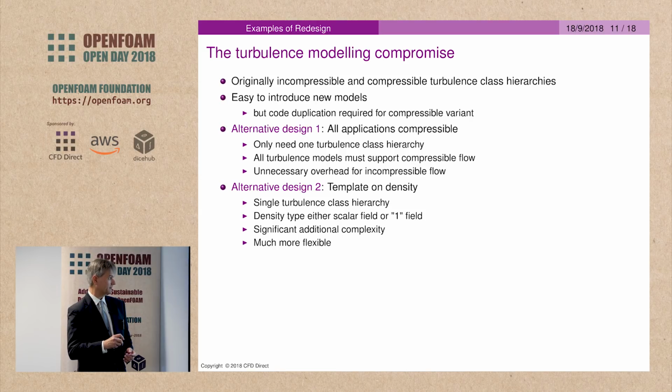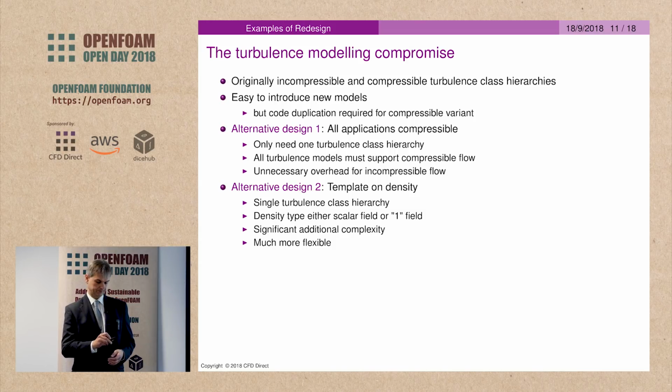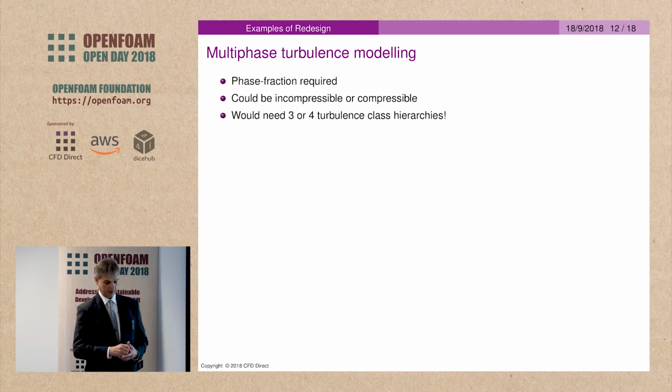I came to the conclusion it's definitely possible, but it is a significant additional complexity, but it is a lot more flexible. But the issue came to a head when we were approached to implement multi-phase turbulence modeling. So we would like a turbulence model for each phase. So we now need the phase fraction in the modeling. It also can be compressible or incompressible.